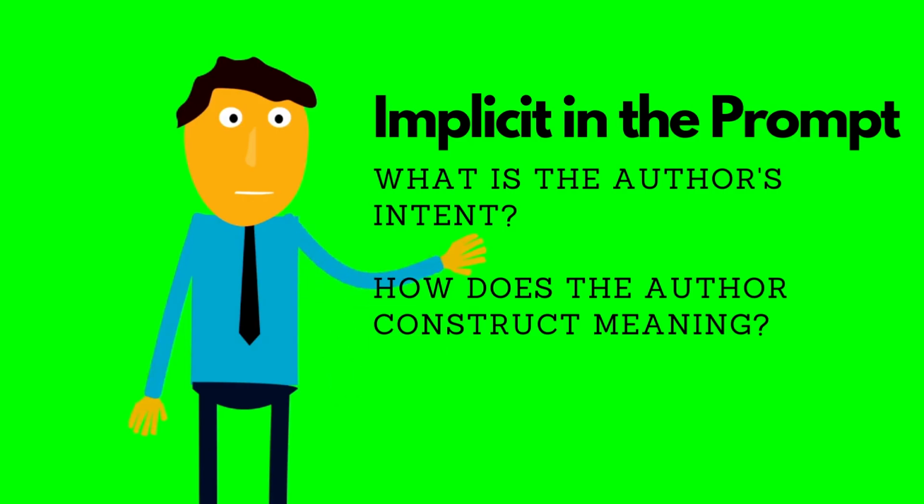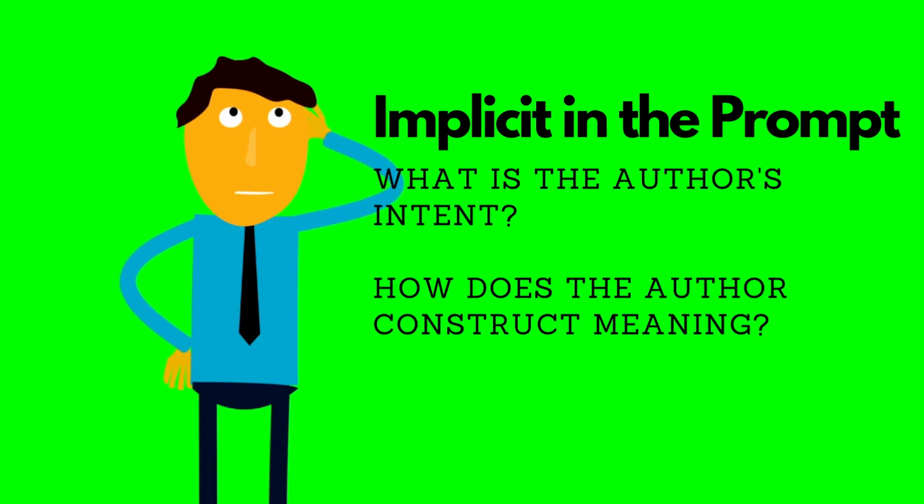Now, there's a kind of cheat code or hack in reading prompts that I always tell my students. If you go back to the 1970s and look at these poetry prompts, implicit in the language of the prompt are 2 questions. What is the authorial intent? And how does the author construct meaning?